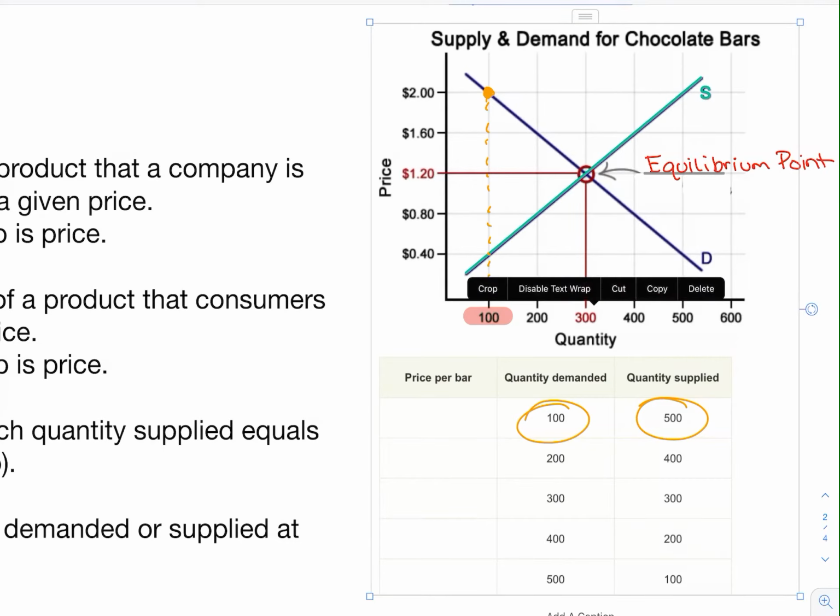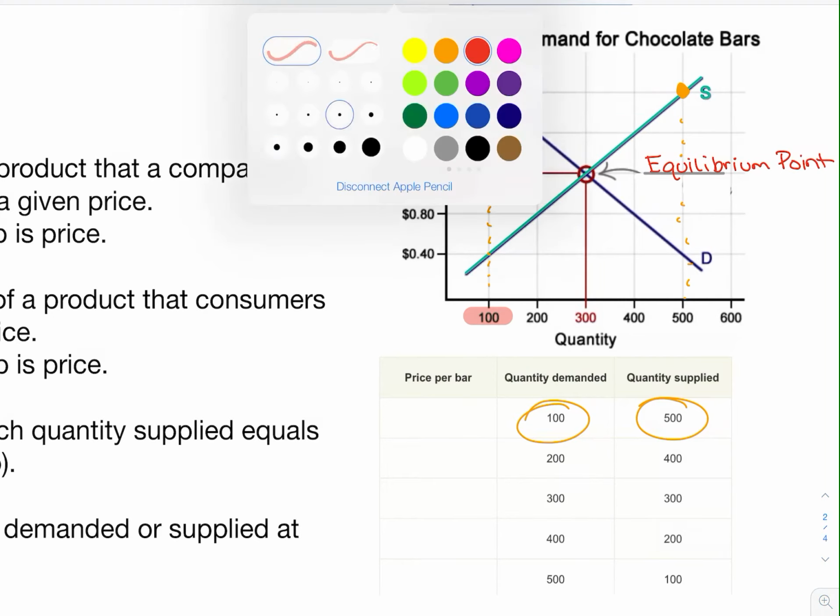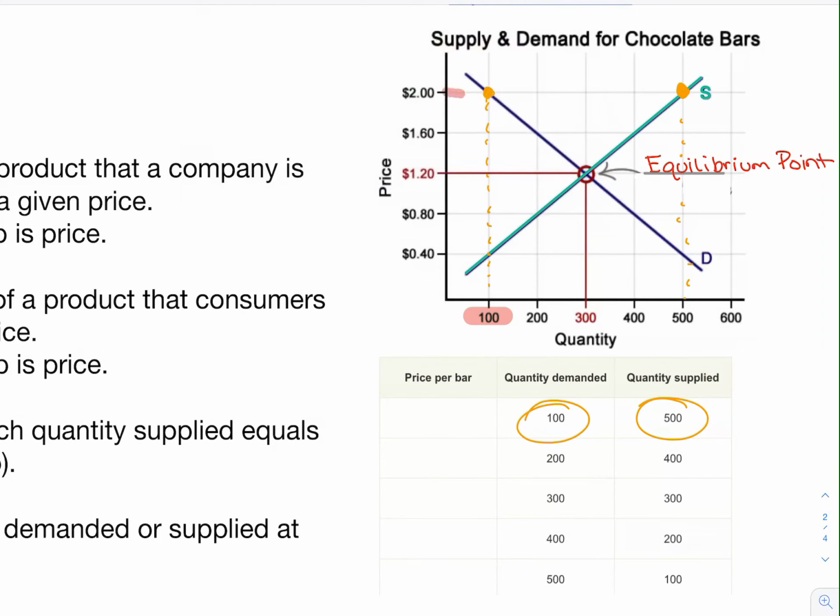Now the quantity supplied is 500. So we're going to go up to 500 on our supply curve right there. So now what we want to do is draw a straight line from there to see what the price should be. And there you have it.